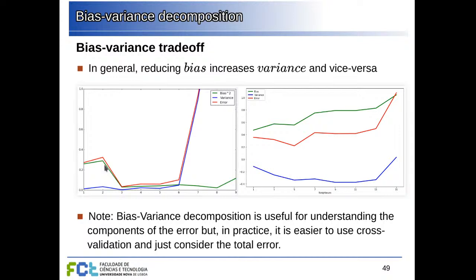Note that bias and variance decomposition, I only talked about it now because this is important for understanding what is happening to the model itself, and it will be helpful to understand some things we're going to see next.